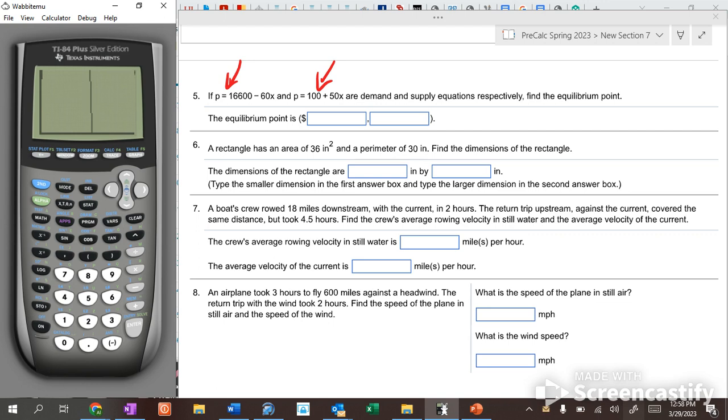There's one graph, there's another graph. Not even close yet. As far as the X's go, I'm fine, but as far as the Y's go, let's go to 50,000 just to see. And there we go. Then you go second, trace, where they intersect, enter, enter, enter.